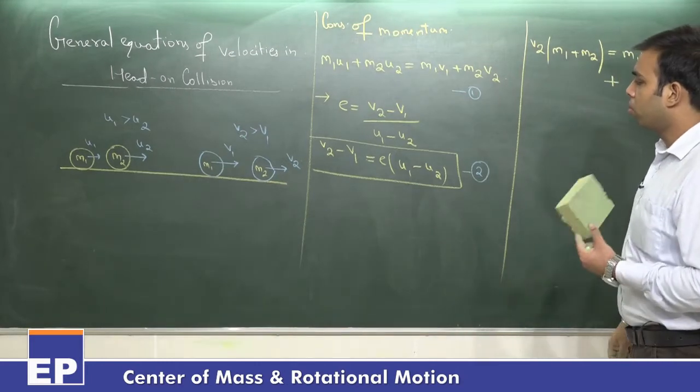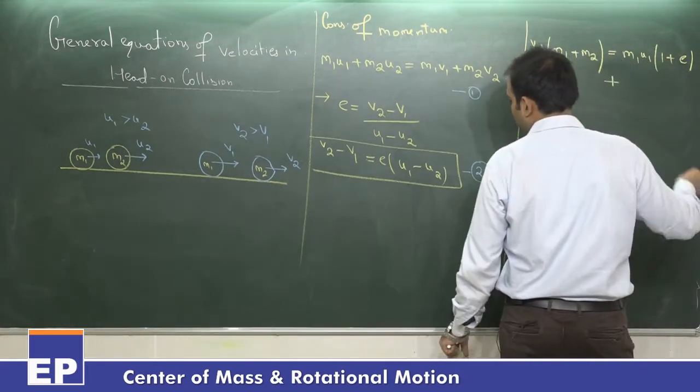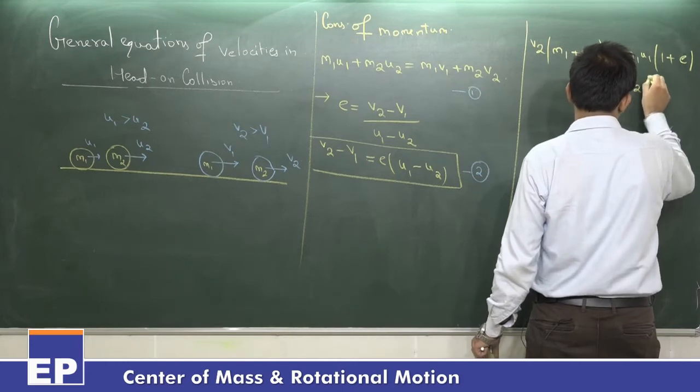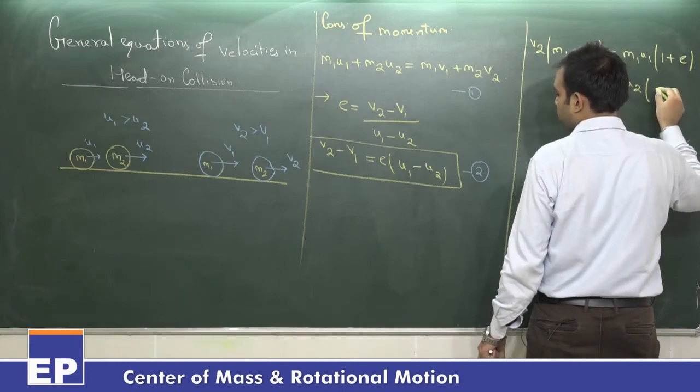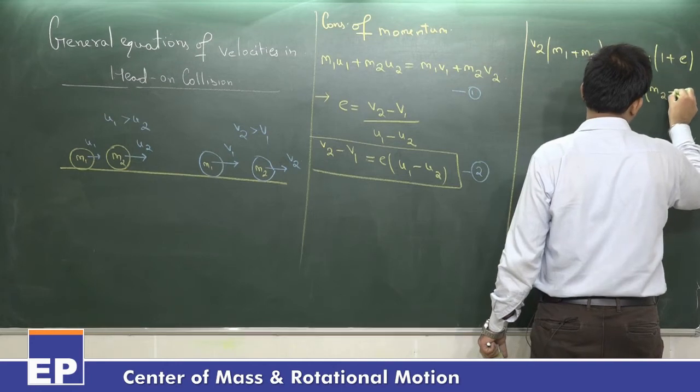दूसरी टर्म क्या आएगी, m2 u2, और इसको ऐड करेंगे तो क्या बनेगा, दैट इज u2 विल बी कॉमन, दैट विल बिकम m2 माइनस e m1.